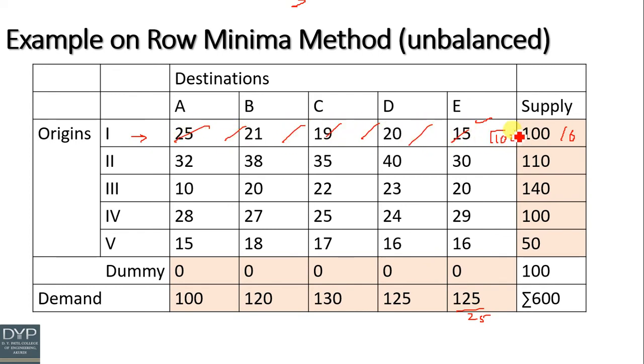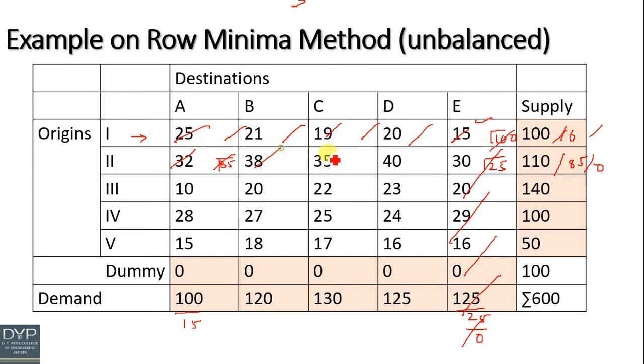I will be going a little fast because we have already covered this particular method earlier. So now the column has been removed, 85 are remaining from the row. Out of that I will be assigning 85 to this. So here 15 are remaining, the row has been fulfilled.